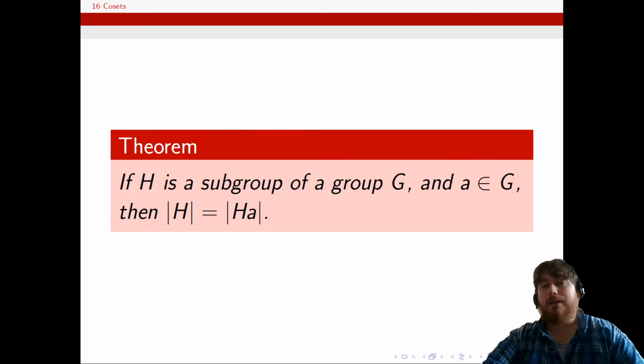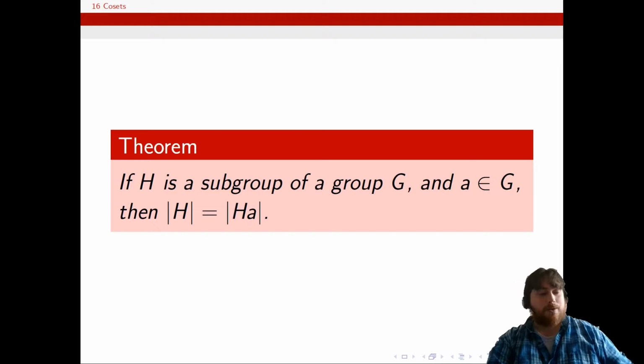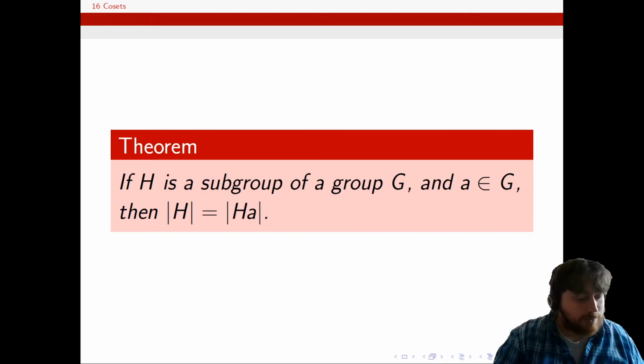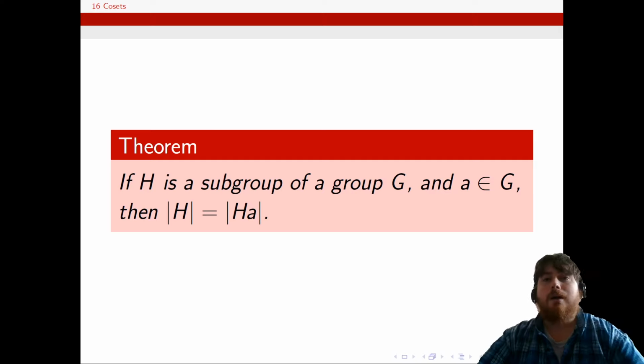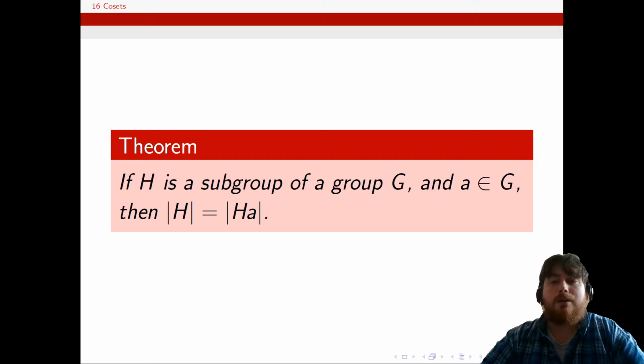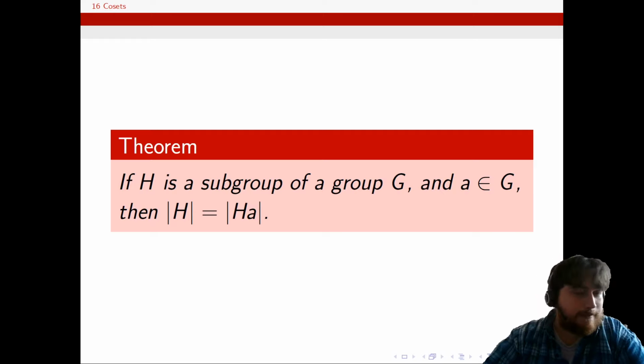And we can go through again and say, okay, the cardinality of H is going to be the cardinality of AH. So for left cosets, all of the same results follow exactly the same as well, is that we can find left cosets and we can partition into left cosets or right cosets. Either way, we're going to end up with our partition of our group into equivalence classes, which are all the same cardinality.